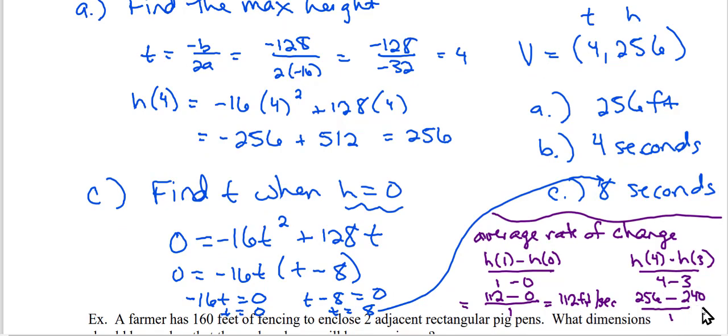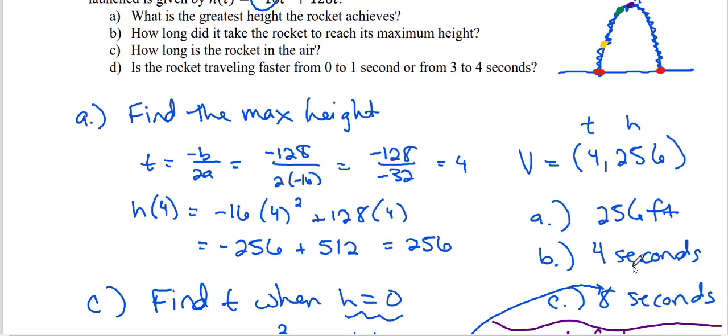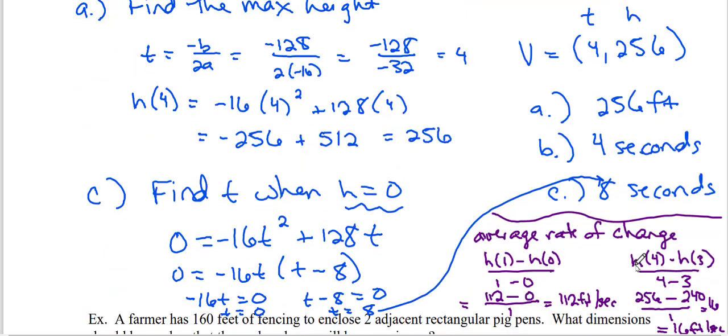240 over 1. So you get 16, cramming this in here, 16 feet in that 1 second, right? To answer this question, is the rocket traveling faster from 0 to 1 second or from 3 to 4 seconds?